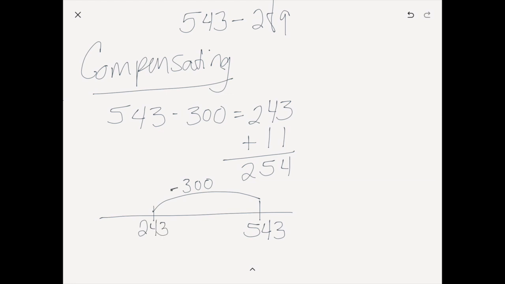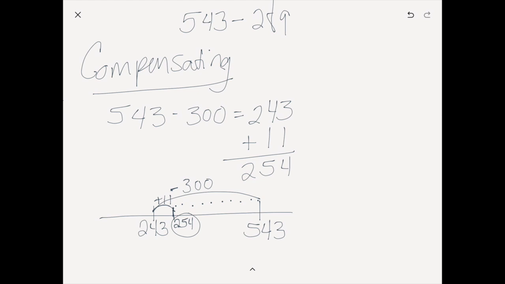I'm only supposed to subtract 289. So where would that land in relation to where I was, right? It should be up here and it should be back 11 spots. 254. Right? So a visual, a context can help us really understand what's happening in this problem.